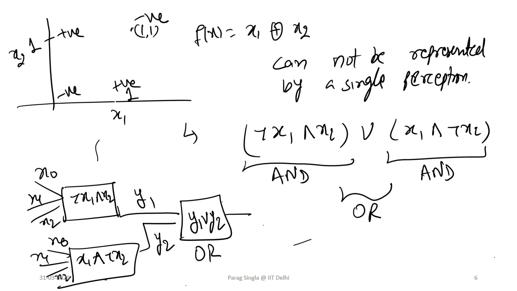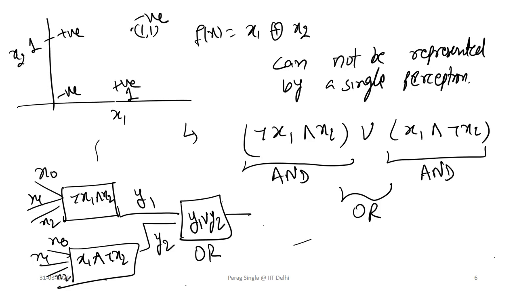And this is essentially an AND over not of x1 and x2, which can be represented using a perceptron. In fact, that probably will be homework for you. This is also an AND over x1 and not x2, which can be represented, and then we are composing this using an OR function, right? So how will this architecture look like?